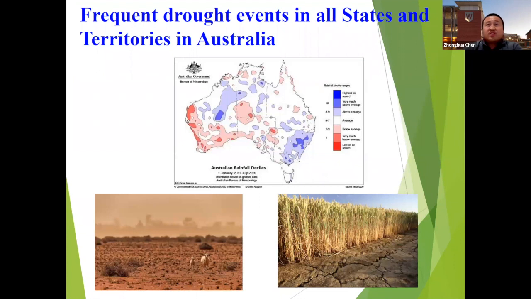Frequent drought events occur in all states and territories. Here are a few images showing the drought effects. In Australia, drought has accompanied agriculture since early settlement, and we recently had a big drought from 2017 to 2018. So drought affects agricultural productivity in Australia.